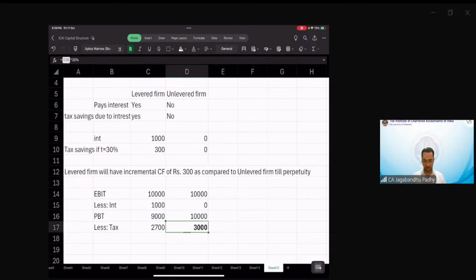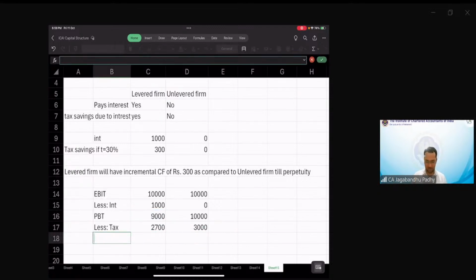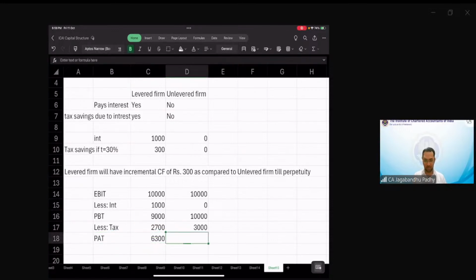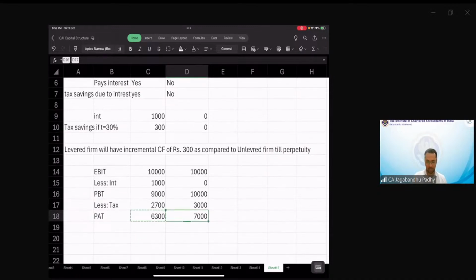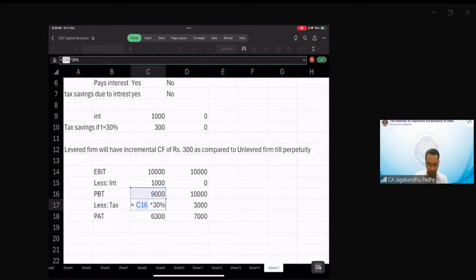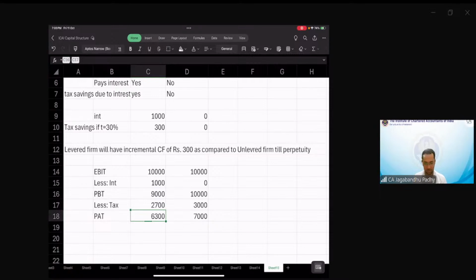Then we get the profit after tax. For the levered firm, PAT is 9,000 minus 2,700, so it is 6,300. For the unlevered firm it is 7,000. We are paying an extra tax of 300 in the unlevered case.